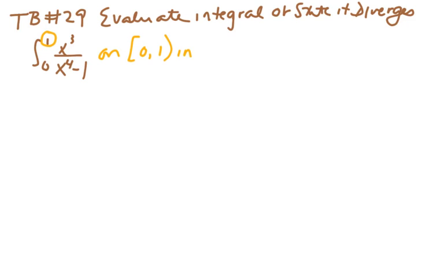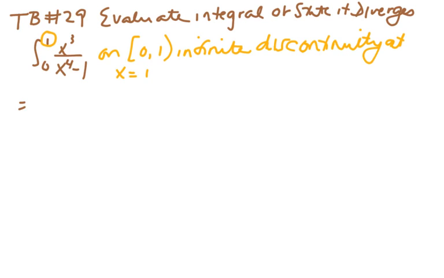We've got an infinite discontinuity at x equals 1. So, excuse me, I'm going to rewrite this as a limit. We need to look at approaching this from left to right, so this is a left-sided limit, and we're going to replace 1 with a.